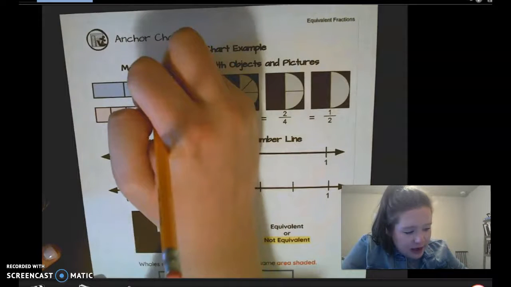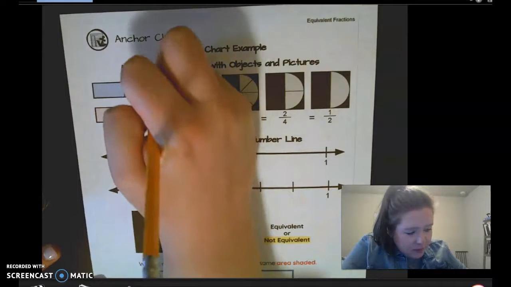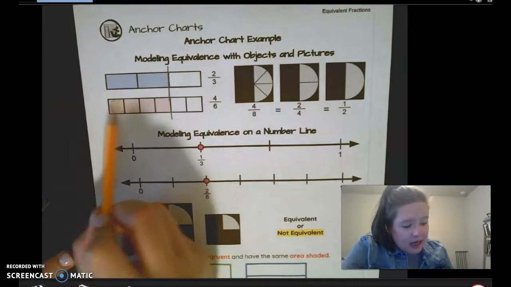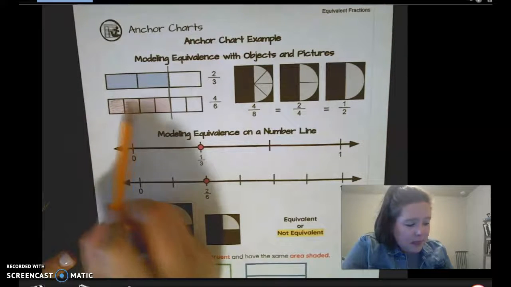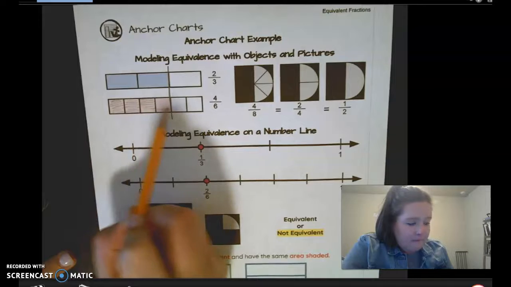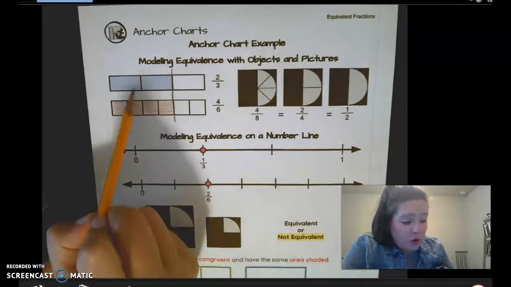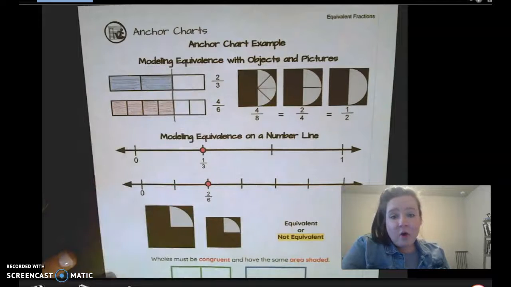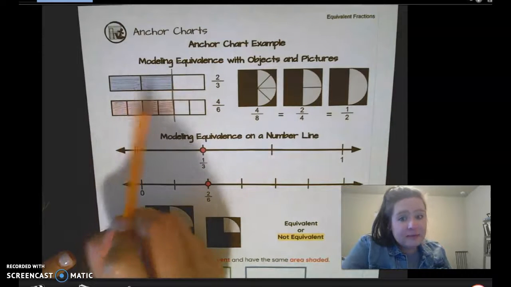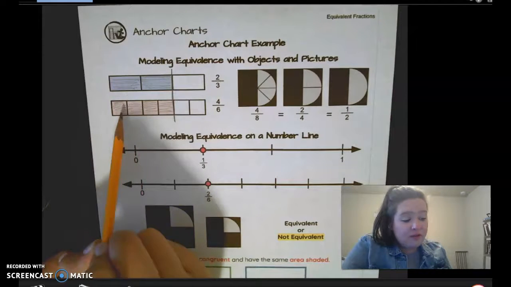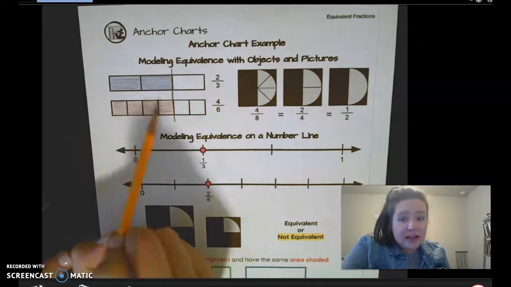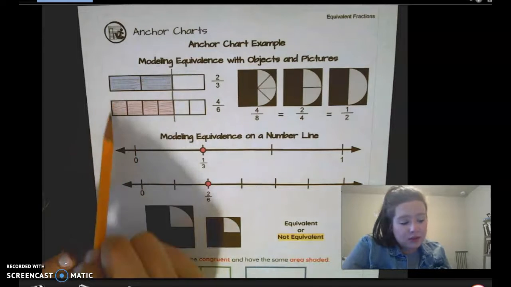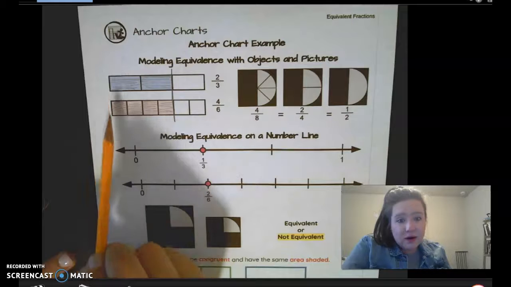I drew a line right here, these down here are shaded. And so are these. Even though I only have 2 of these pieces being shaded, and I have 4 of these pieces being shaded, they are the same size because, 1, my wholes are equivalent, all right?